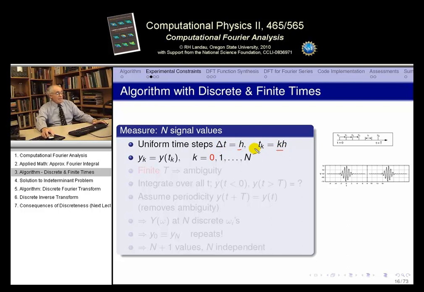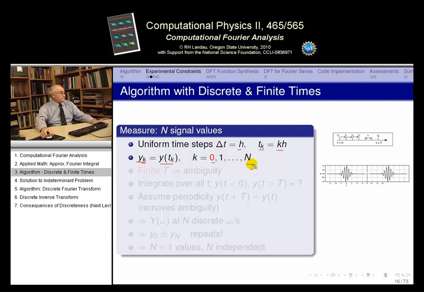And so each time measurement is index k, happens to be k times h. And then we've measured the signal, or the function, at those times. Rather than saying y of t sub k, much as we did for the ODE solutions, we just say y sub k. K represents time, the kth value. And we let k vary from 0 to n. So that's obviously n plus 1 values, but we only have n unique measurements. But we'll see about that.